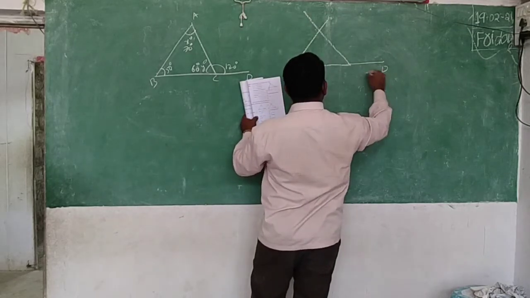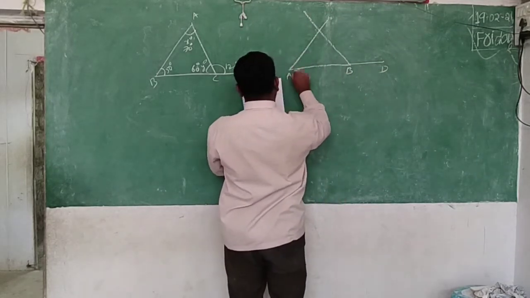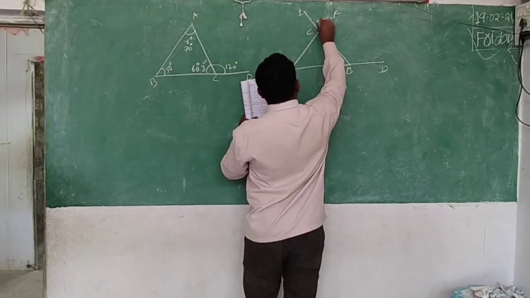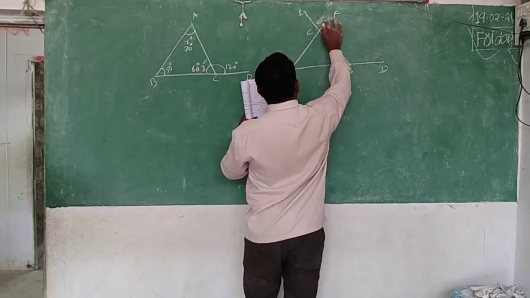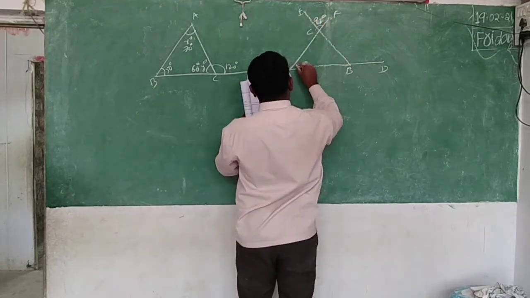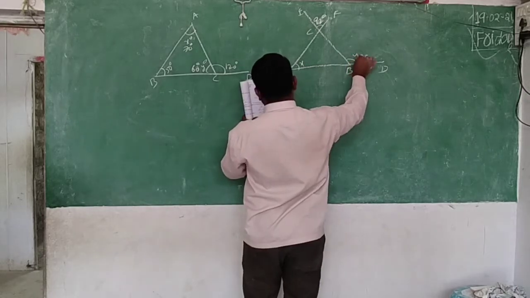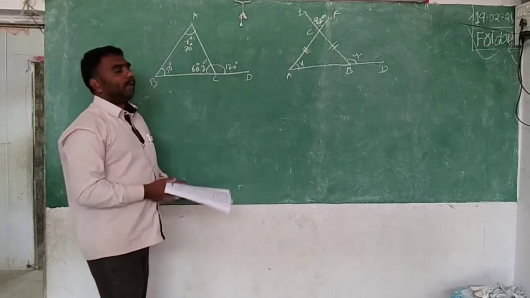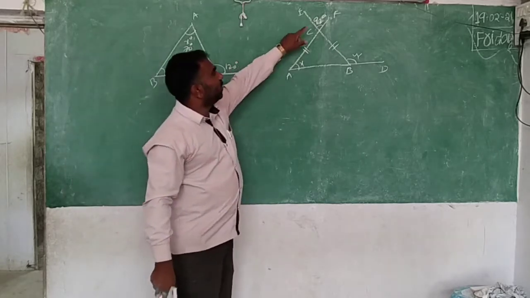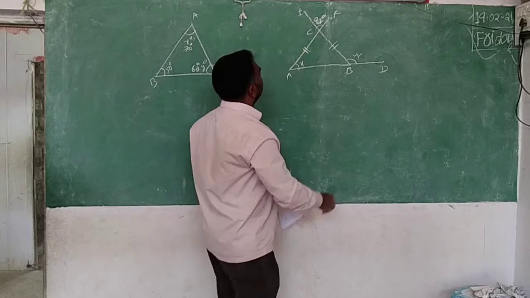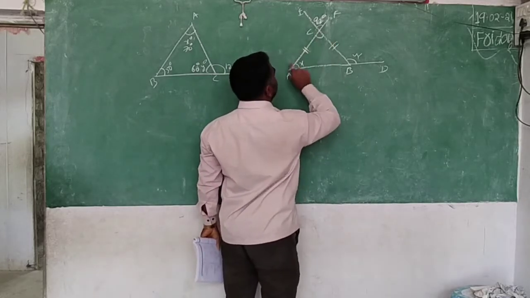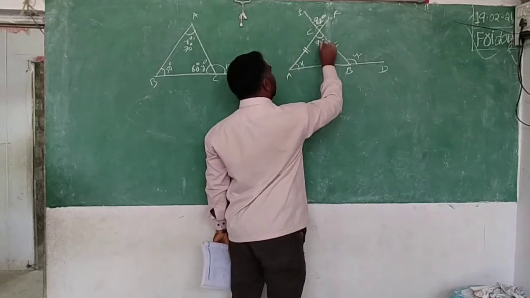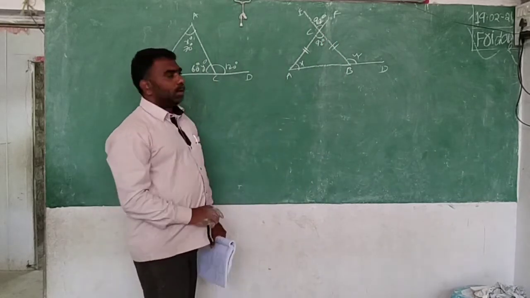So these we have all done in the exercise, I think. 92 degrees, and it is x, y. Vertically opposite angles. Because of vertically opposite angles, angle ACB is equal to 92 degrees. Okay, one is completed.